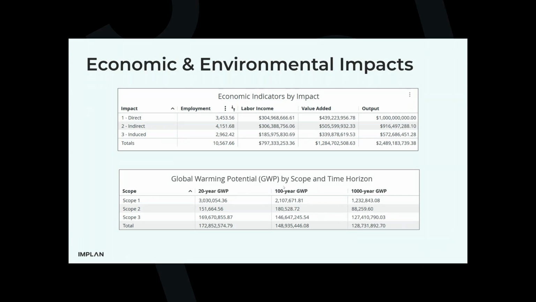So we get to see that 20-year, 100-year, and 1,000-year time horizon, with the 100-year being the most common, as I mentioned. So this gives us that overall, kind of standard emissions impact. So for the 100-year time horizon, we get just under 150 million kilograms of CO2. Dividing this by 1,000 gets us to metric tons, so about 150,000 metric tons of CO2 is what we see across that 100-year time horizon.